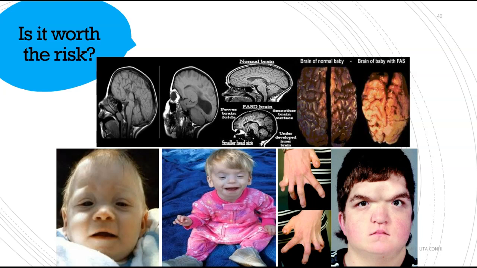The center pictures in that top row, the top picture is a normal brain compared to the fetal alcohol spectrum disorder brain in this lower picture. Fewer brain folds, smaller head size, smaller brain surface, underdeveloped inner brain.